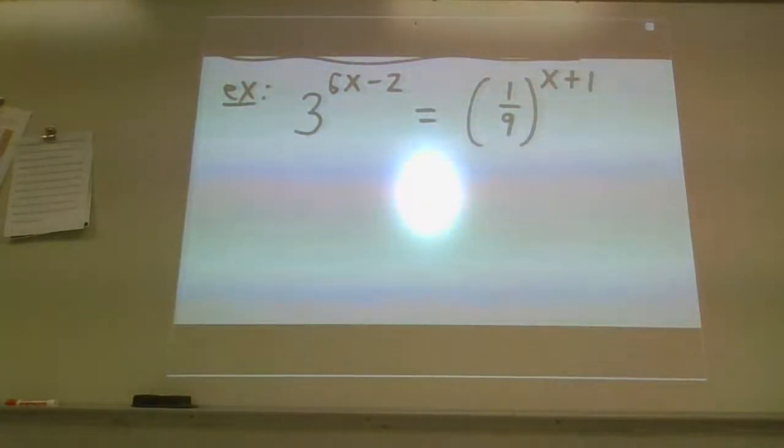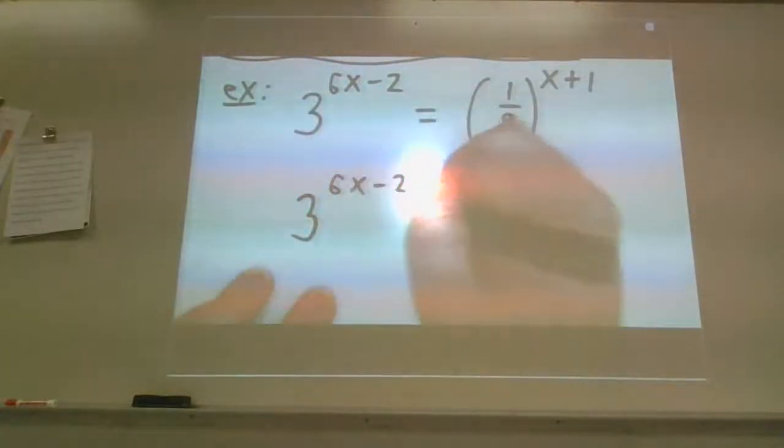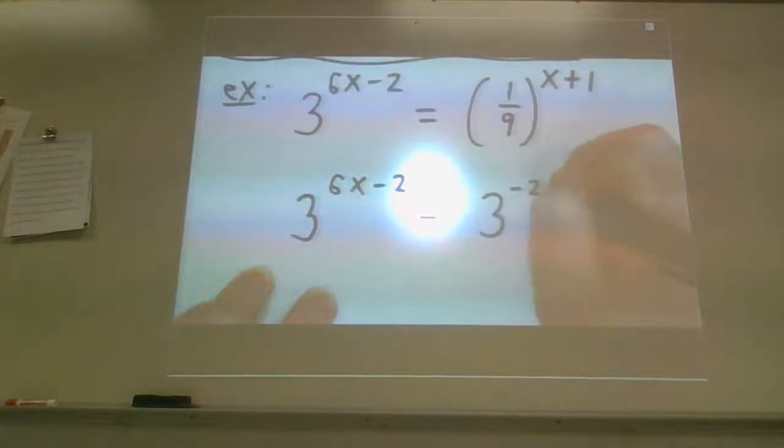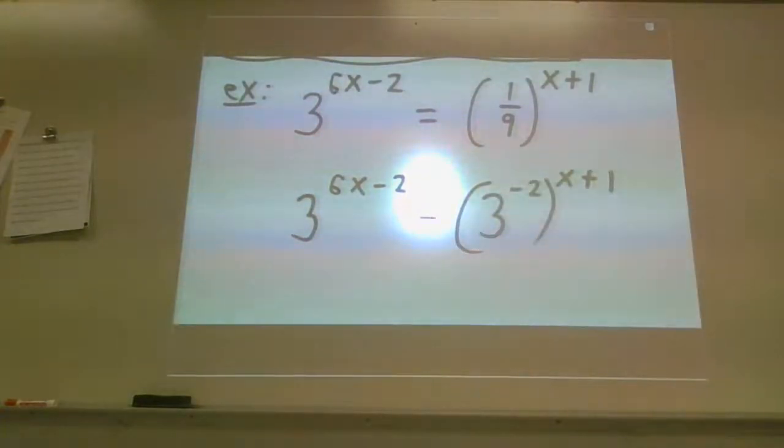And the reason being is because of that 1 over 9, you can transform it to have the same base as the 3. Now I'm going to write this, and then I'm going to give my explanation as to why this is what it is in a moment.